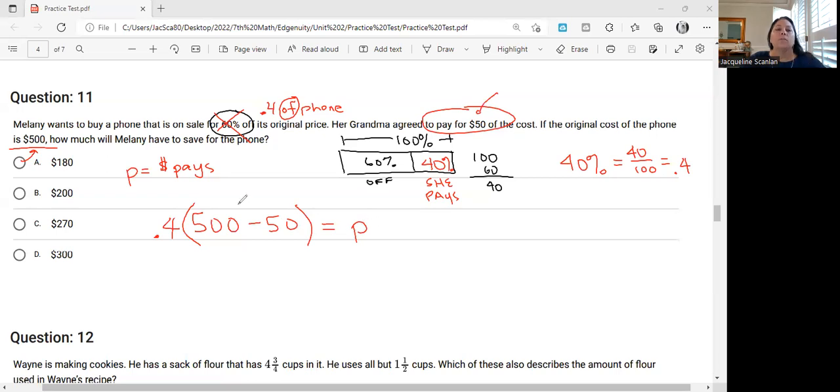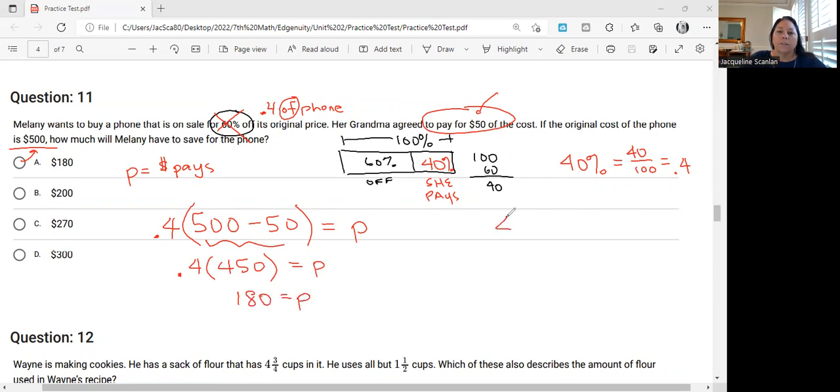Again, I'd recommend that you use Desmos. I'm going to start by subtracting 500 minus 50, and I'm going to get 450. Then I'm going to take that 450 and multiply it by 0.4. And 450 times 0.4 is 180.